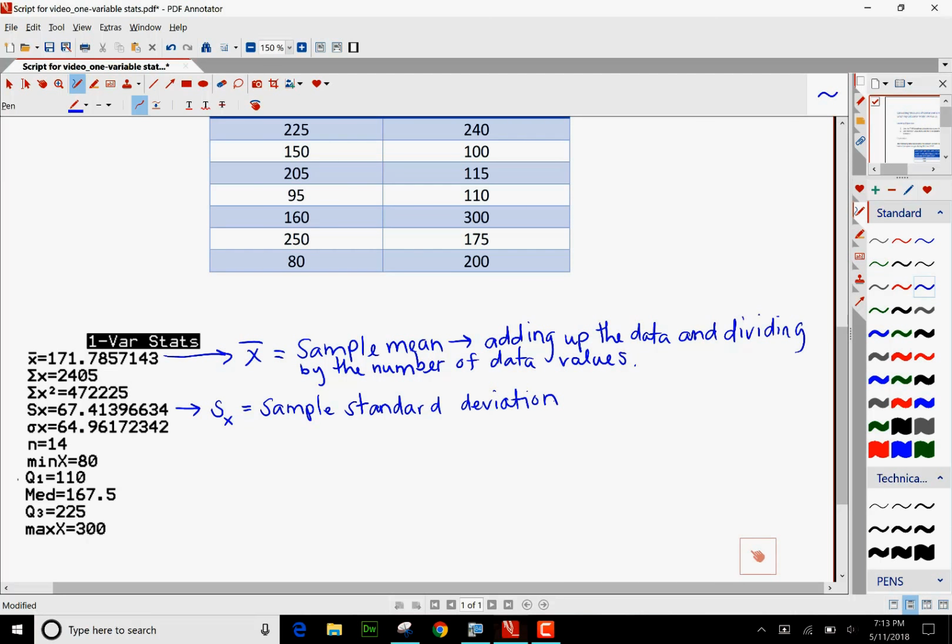Now, sometimes we know what it truly is, and so sigma sub x represents the population, so the true spread, the true population standard deviation.